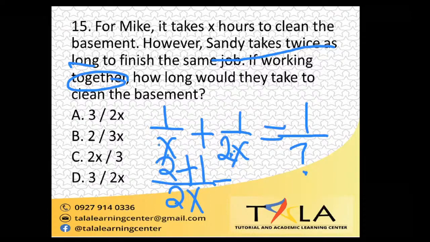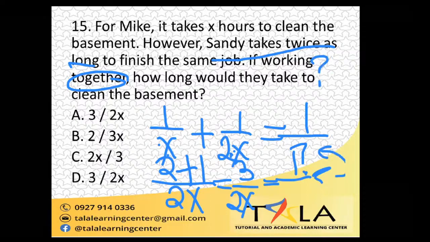So, 2 plus 1 is 3 over 2X. Equal pa yun sa 1 over question mark. Hindi naman 1 over question mark ang hinahanap mo. Ang hinahanap mo yung question mark. So, pagbaliktarin mo, so question mark is equal to yung baliktad. 2X over 3. Or this is letter C.